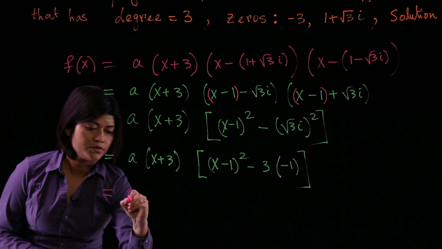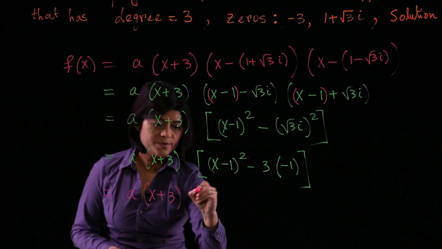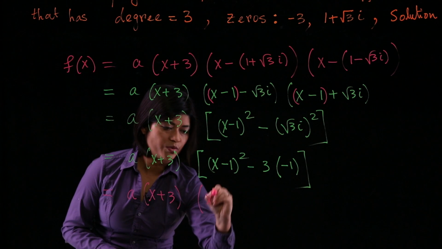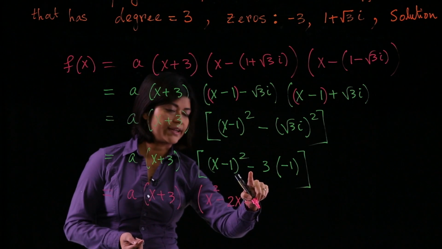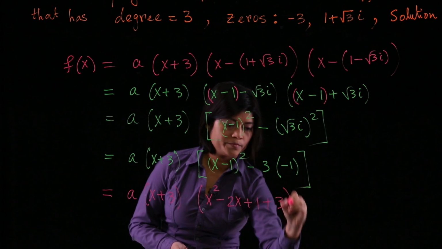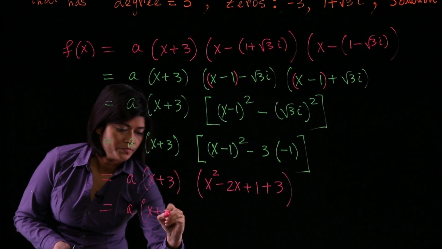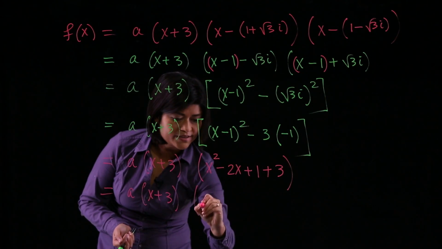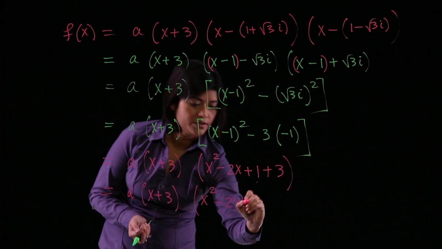Okay, so we have a times x plus 3. Let's expand x minus 1 squared, so you get x squared minus 2x plus 1. And like I said, negative of negative 1 is positive 3. One more step for this particular factor: you get x squared minus 2x plus 3 plus 1, which is 4.